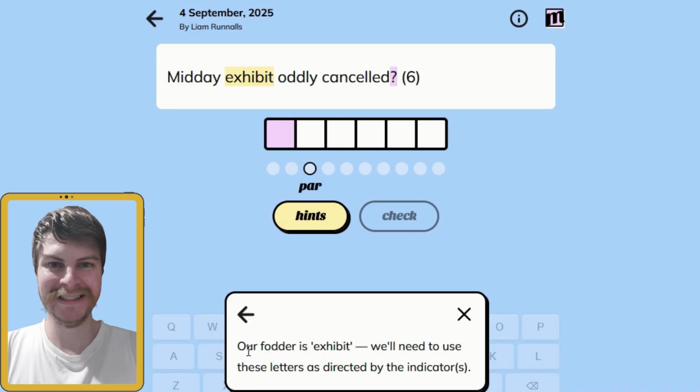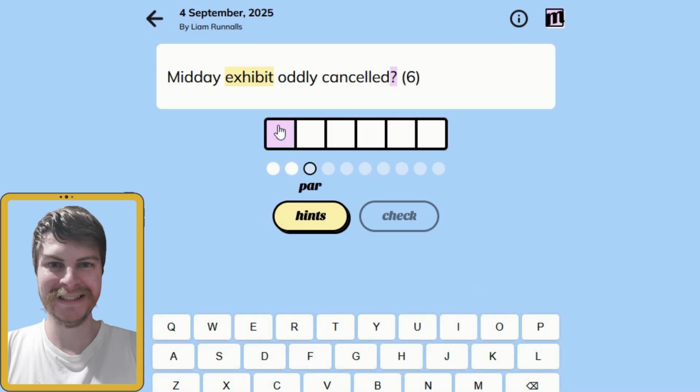Okay, so only exhibit is just, okay, so that's going to help me now. Okay, so exhibit has too many letters.